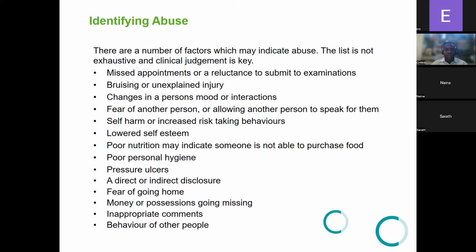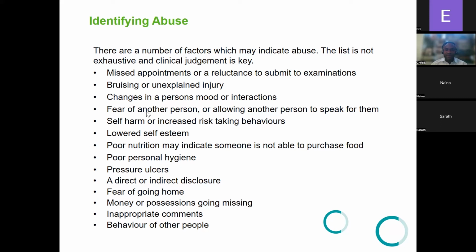Please go on. Bruising or unexplained injury on the body. These are signs of physical abuse. Changes in a person's mood or interactions. Yes, it's a sign to explore, to find out if this person is going through emotional or psychological abuse. It affects the mood, or any of the other kinds of abuse can affect the mood as well.